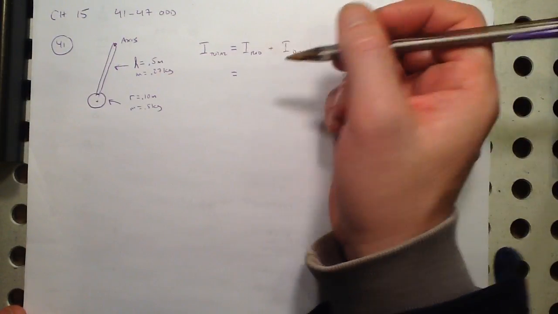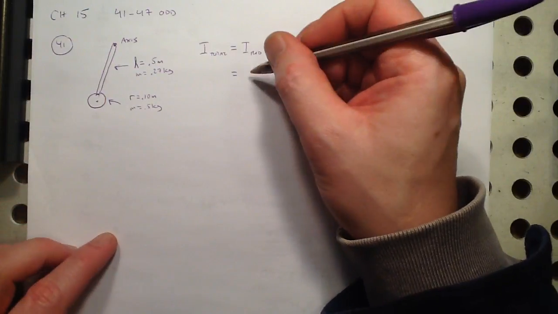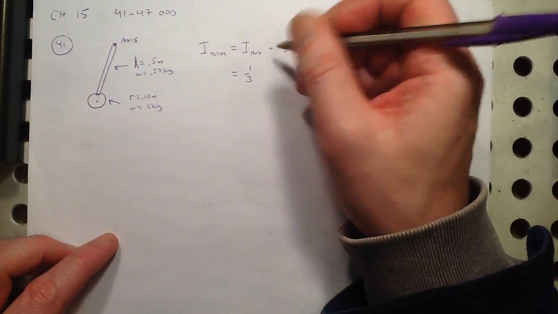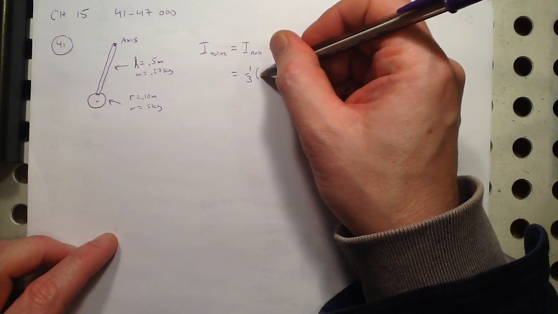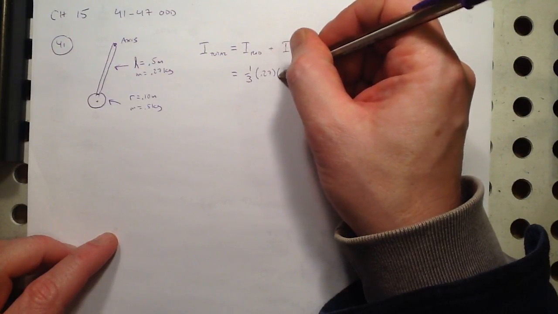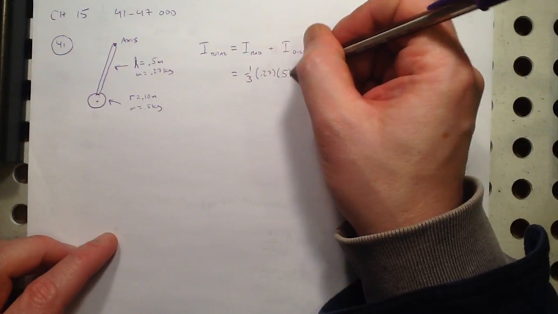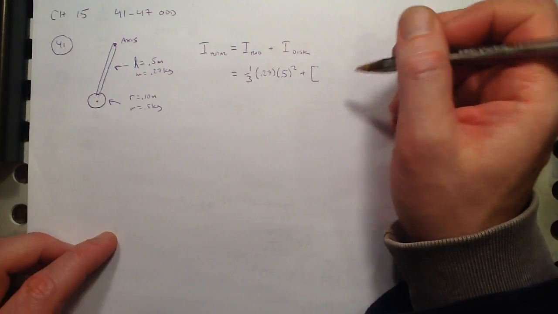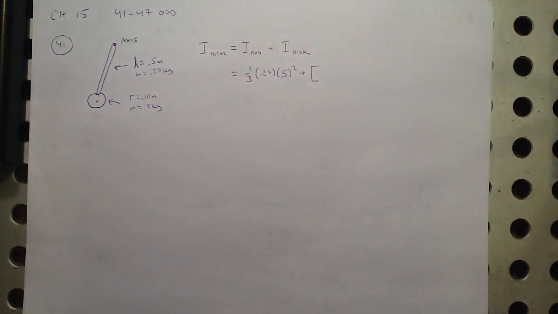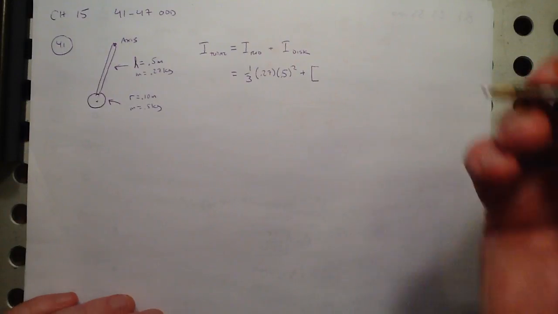So the rotational inertia of the rod about its end, if you remember, that's 1/3 mL squared plus the rotational inertia of the disk. There's two different ways we could do this. Maybe I'll just quickly do it both ways.